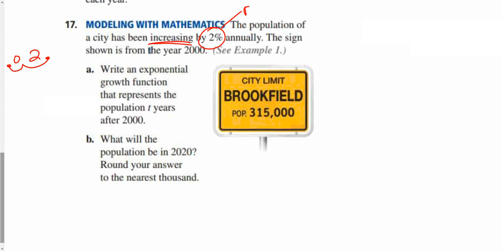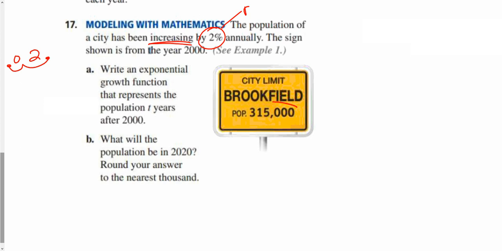Write an exponential growth function that represents the population T years after 2000. So it's not saying 2,000 years later. It's saying that many years after the year 2000. Now, it's not asking for an answer. It's just asking for a model. Do we know the initial amount, though? Yeah, it's in the sign.